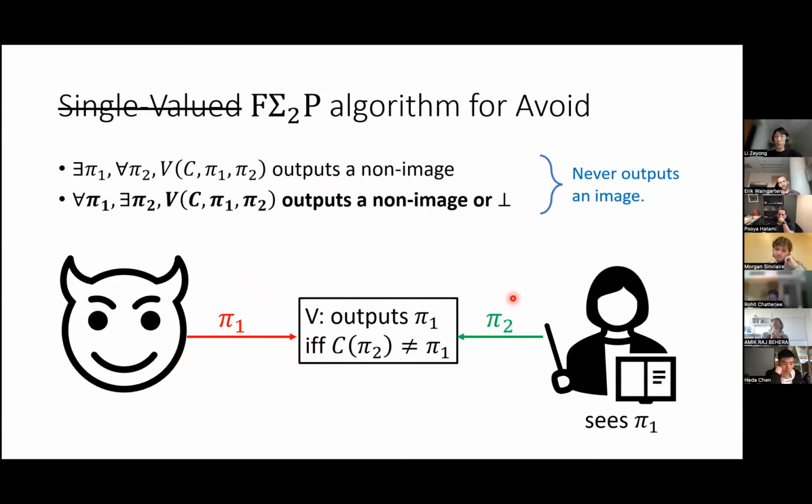He will find a pre-image to the pi1 that I received. As a verifier, I can check that the pi2 that I received is actually a pre-image of pi1. Then I realize that the first prover is being malicious, so I should just output bottom. That corresponds to the two cases in the definition of F sigma 2p.